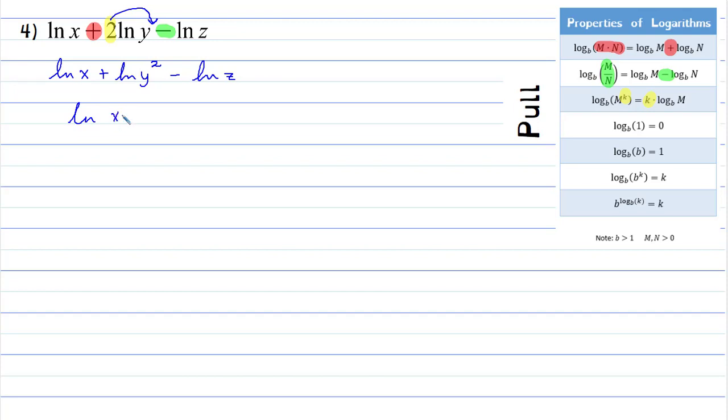Ln of x, y squared minus ln of z. Now subtraction becomes division. Ln, and I'm going to have the x and the y squared in the numerator and my z in the denominator.